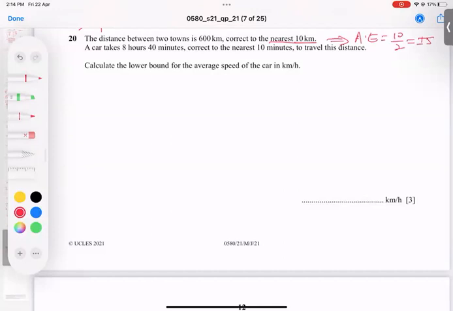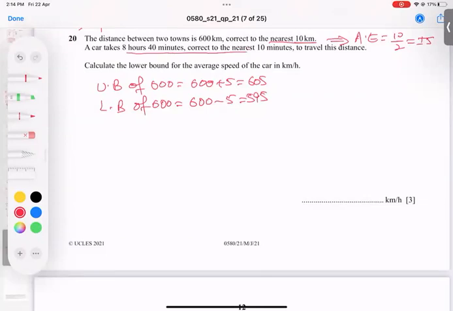So for the distance of 600, the upper bound is 600 plus 5, and the lower bound is subtract, 595.